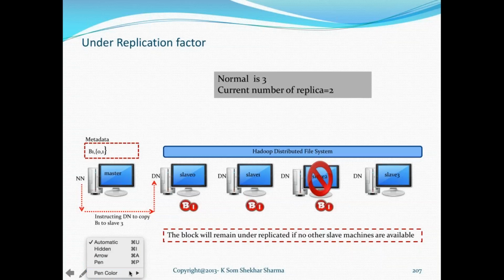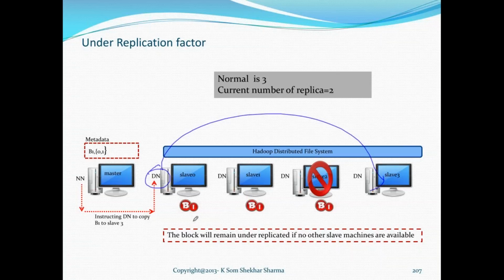So it will instruct this data node to copy this B1 block of data to some other machine. Please understand, here I have written that the block will remain under replicated if no other slave machine is available. If no machine is available, then the block will remain under replicated, because no two same replicas will ever reside on the same machine.